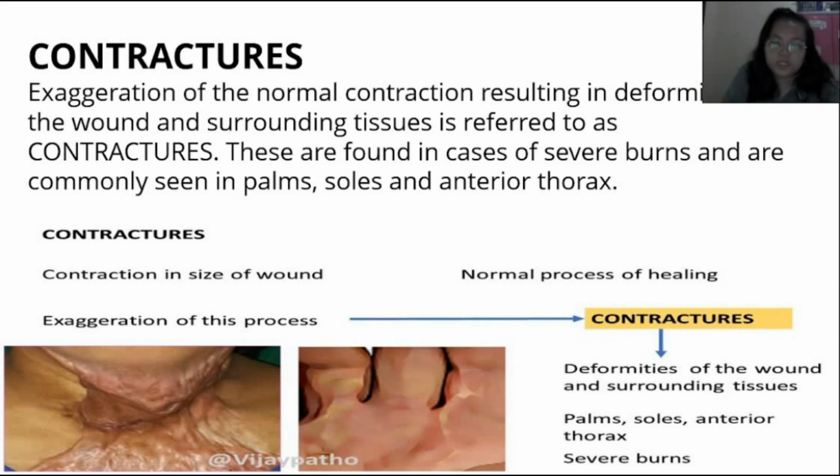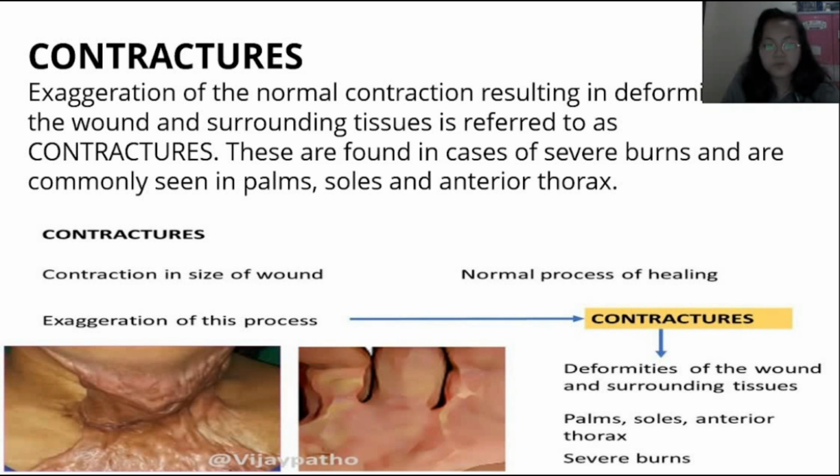The last abnormality we will be discussing is contracture. Contraction at the site of the wound is a normal process of healing. But whenever there is exaggeration of this process, then that is referred to as contracture. What happens when there is contracture? It deforms the wound and also the surrounding tissues.